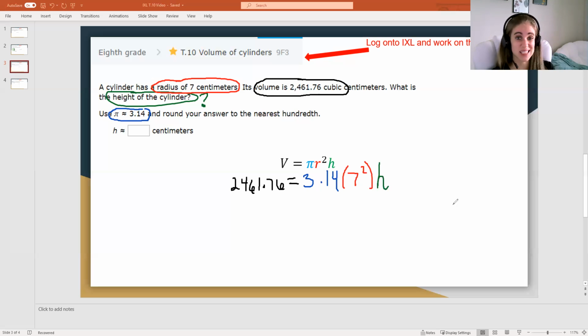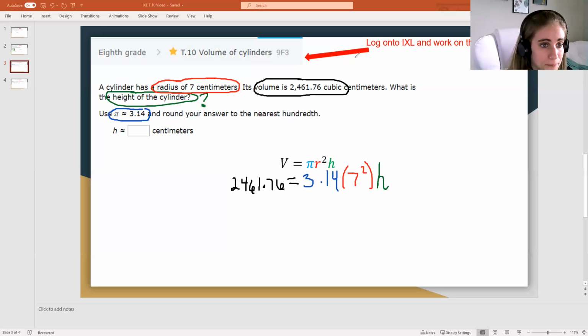All right. Well, once you do this, there's still a lot of similarities. I still need to start with order of operations because I need to solve this equation for h. But whenever you solve equations, you always start with simplifying. And I need to simplify that right side of the equation.